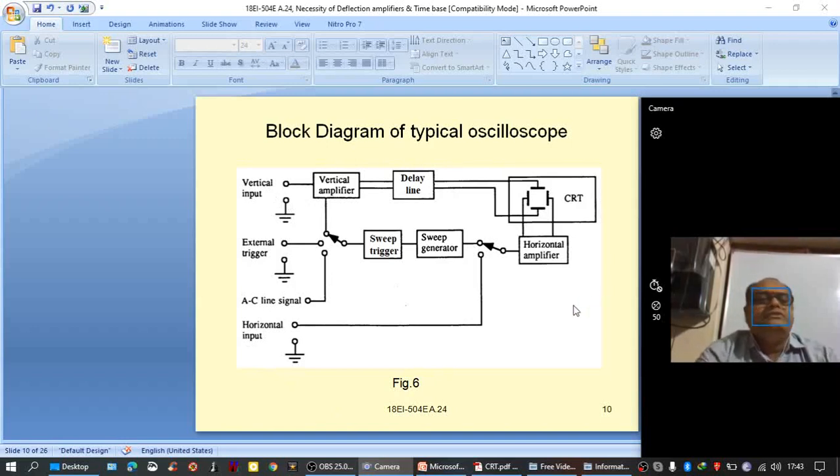So that also is possible using this deflection amplifier assembly. We can find out the magnitude, frequency, and phase angle of the unknown input signal by comparing two signals, comparing a known signal with the unknown signal.